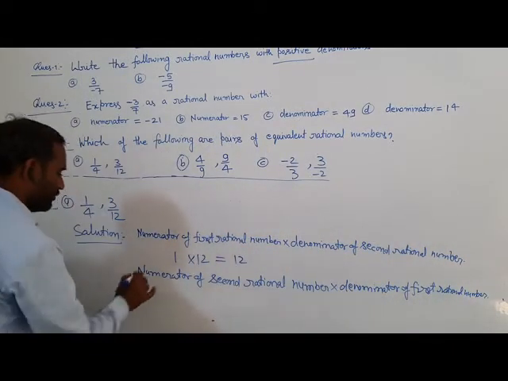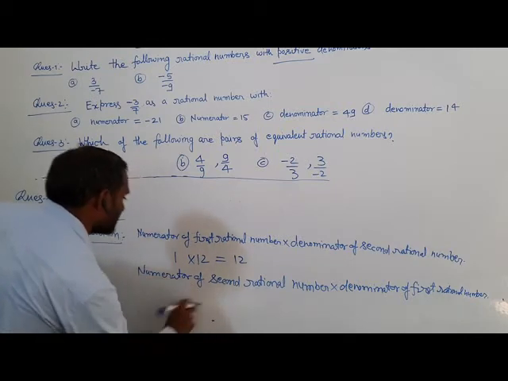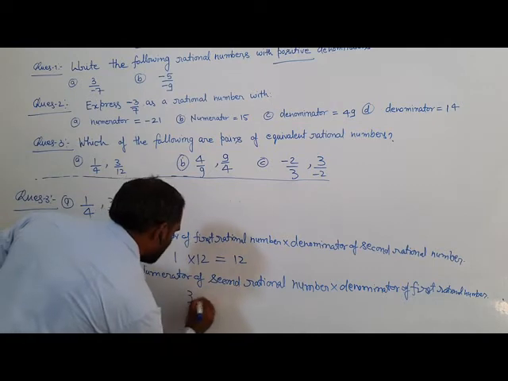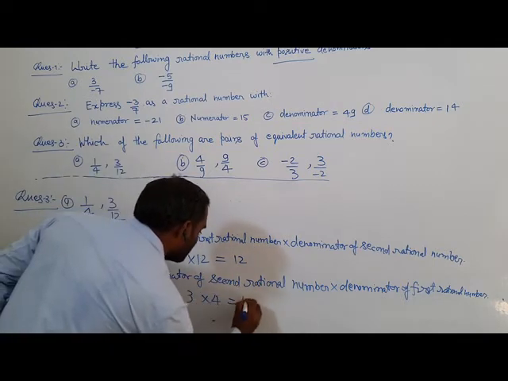Numerator of second rational number is 3. Denominator of first rational number is 4. 3 fours are 12.